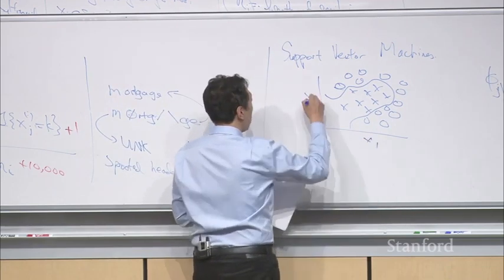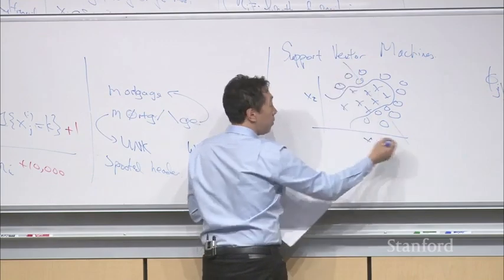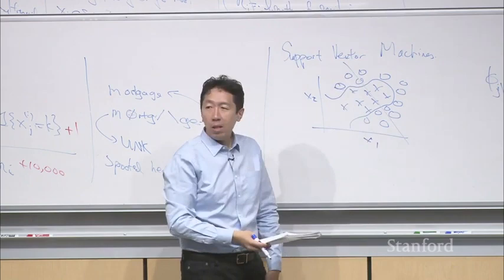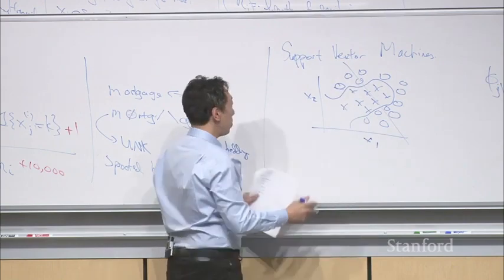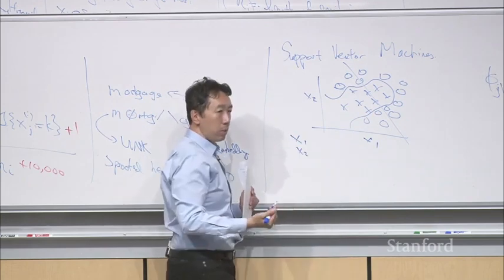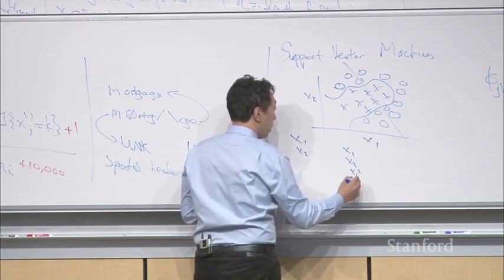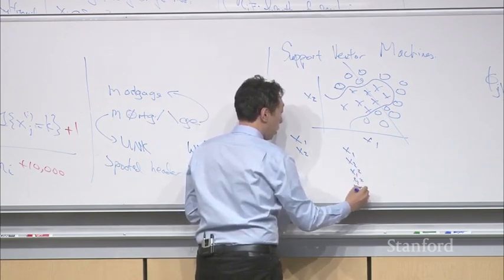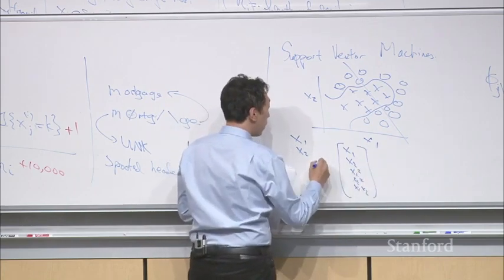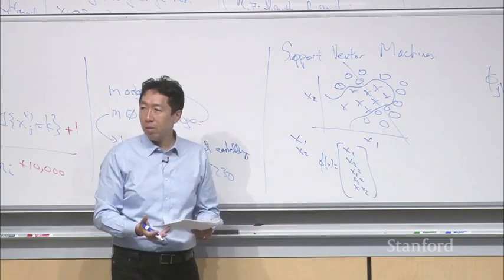But if this is x1, this is x2, logistic regression will fit a straight line to data. Gaussian discriminant analysis will end up with a straight line decision boundary. So one way to apply logistic regression here would be to take your feature vector x1, x2, and map it to a high dimensional feature vector with x1, x2, x1 squared, x2 squared, x1 x2, maybe x1 cubed, x2 cubed, and so on, and have a new feature vector, which we will call phi of x, that has these higher dimensional features.